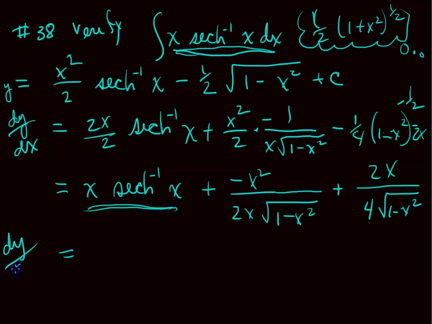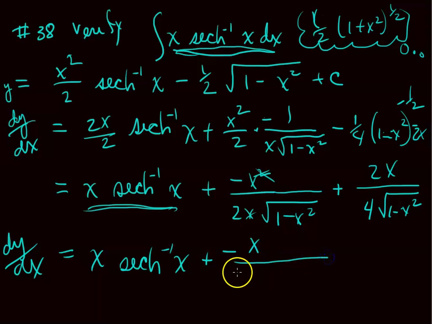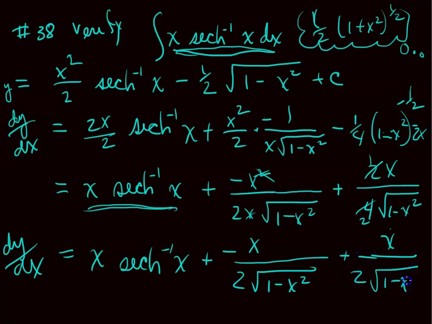So dy dx is the x sec inverse x. Oh, the derivative also of a constant is 0. So this is now negative x, because this cancels one of those, over 2 square root 1 minus x squared, plus, this cancels that, and that makes that a 2, x over 2 square root of 1 minus x squared.